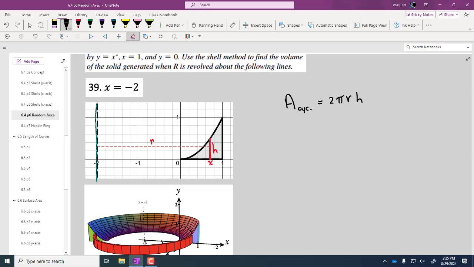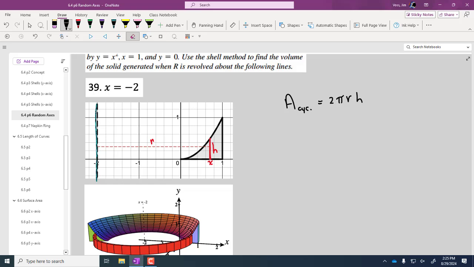Right? The thickness of it is in the x direction, so that's a dx. That tells us we're going to integrate with respect to x. Another way is to say, oh, this vertical element is sliding through an x interval, so we want to sum up a bunch of rectangles that are sliding in this direction, which means I'm adding them up with respect to x. So you can think of it in a couple of different ways.